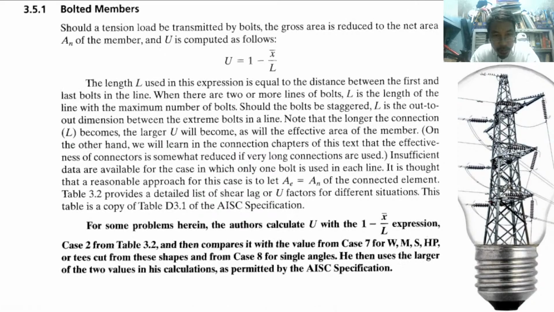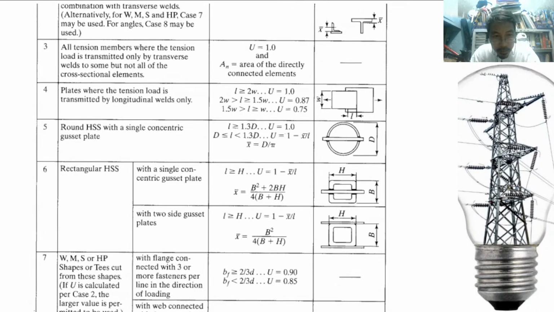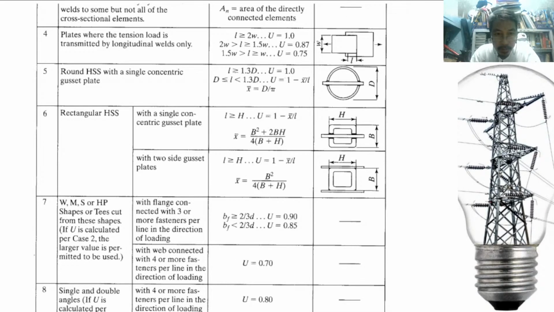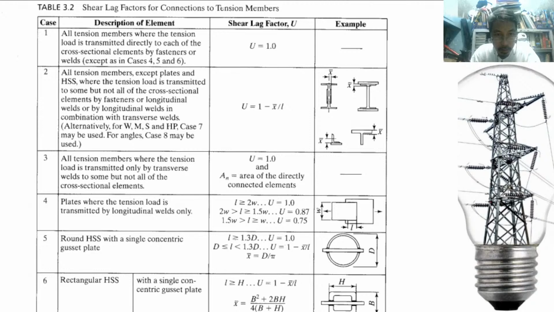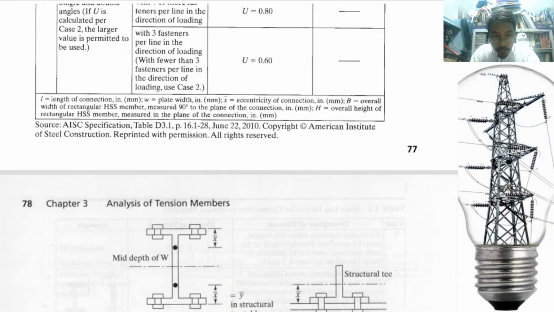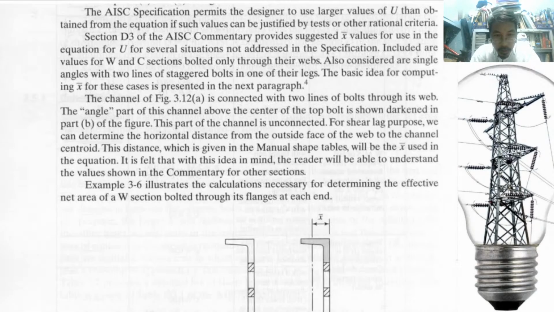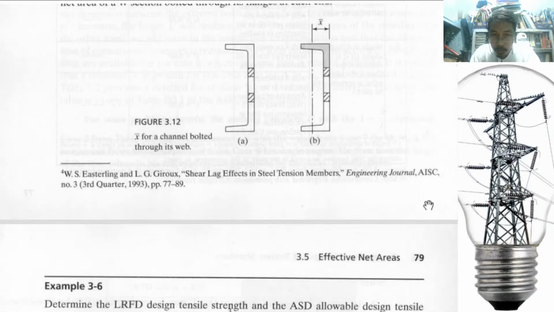So bolted members. We already discussed and explained this table one by one, with respect to the effect of shear lag factor U. So we already discussed this part, and we actually searched for a table wherein we can show you the value of X bar.